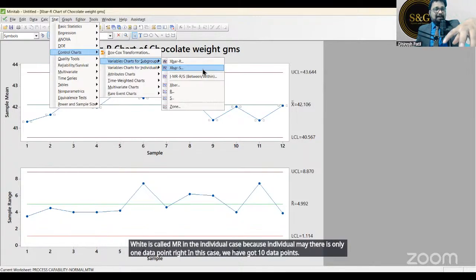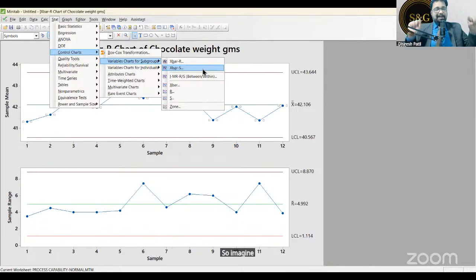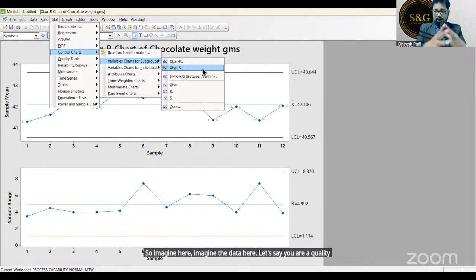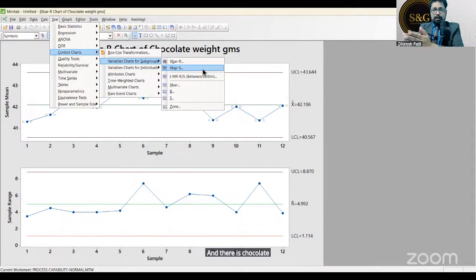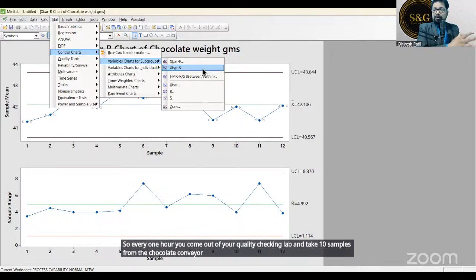So imagine the data here. Let's say you are a quality control inspector. You are a quality checking person and there is chocolate production. So in the factory, chocolates are going. Every 1 hour, you come out of your quality checking lab and take 10 samples from the chocolate conveyor and go to your test lab and check the weight.